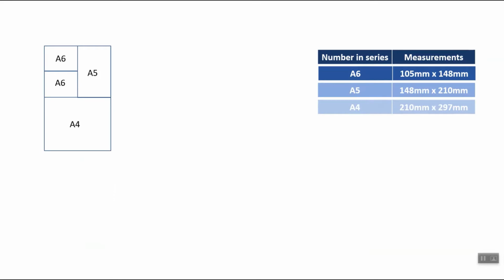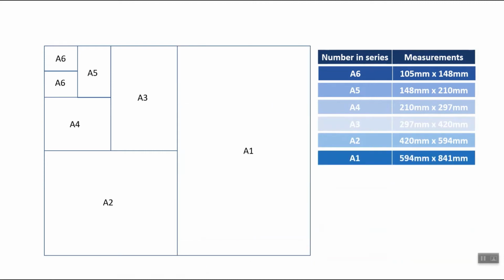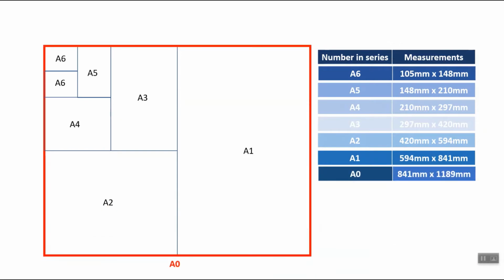When we add two A4 papers, we obtain an A3 size paper. When we add two A3 size papers, we obtain an A2 size paper. When we add two A2 papers, we obtain an A1 paper. Two A1 make an A0 paper.